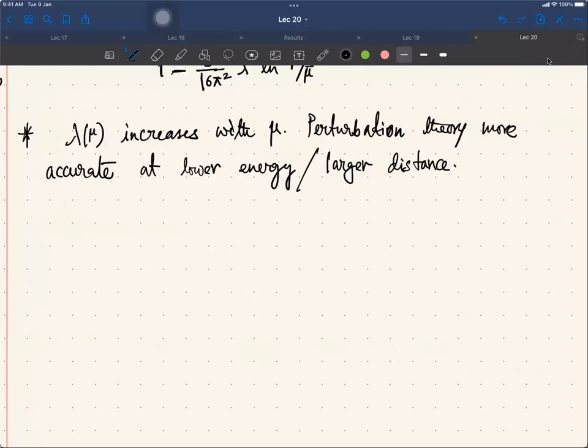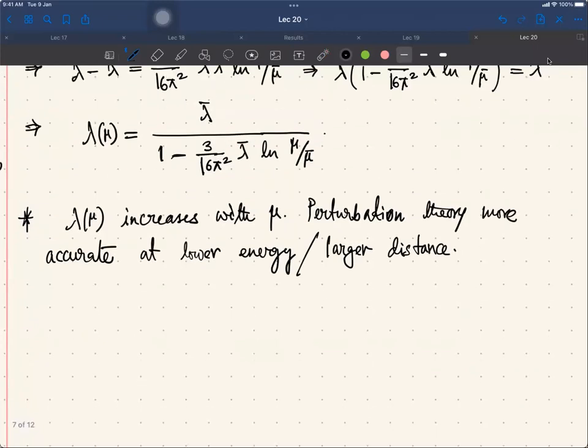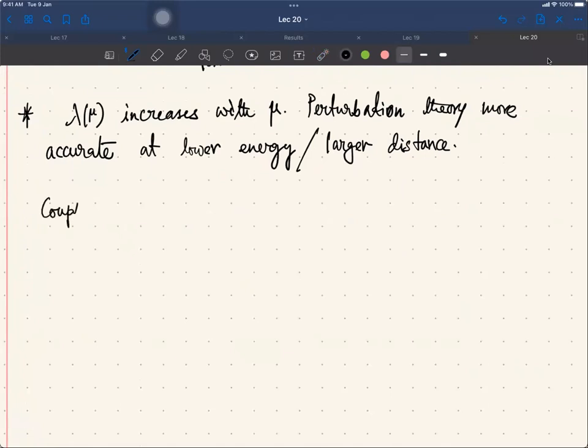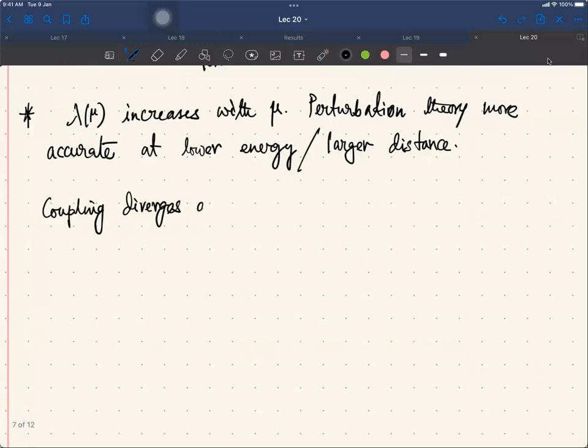Not only that, you have a specific value of mu where the coupling diverges, because there is a value of mu by mu bar such that this denominator vanishes. So the coupling diverges at a finite scale, which is given by mu equals mu bar e to the power 16 pi square over 3 lambda bar.